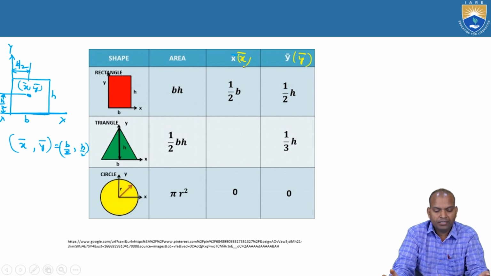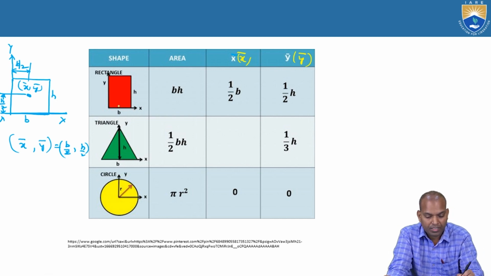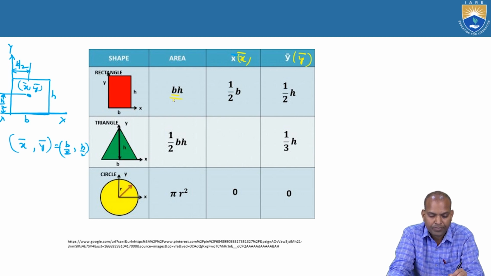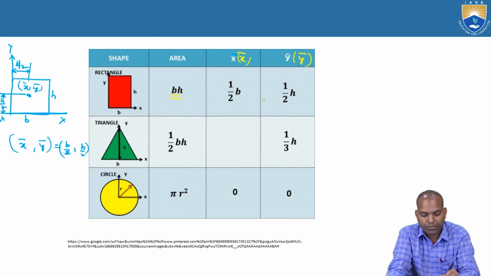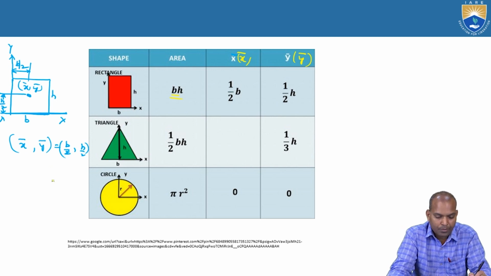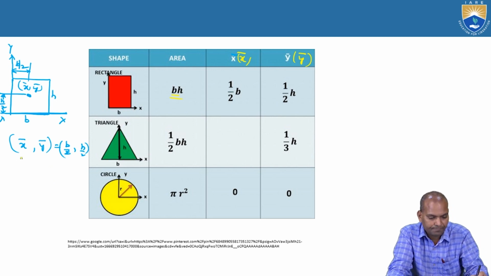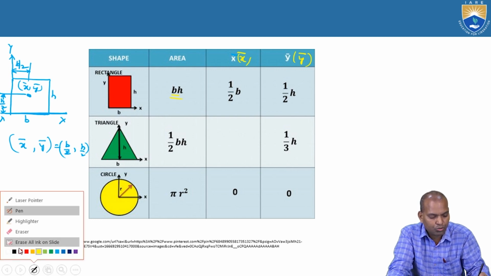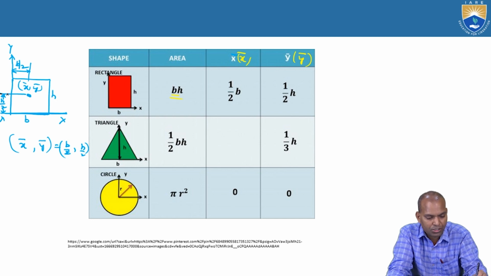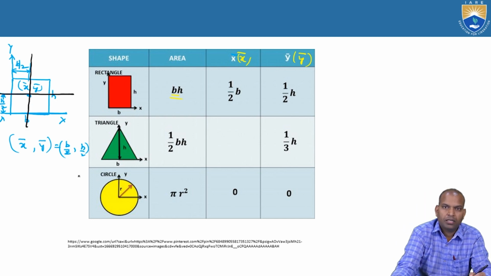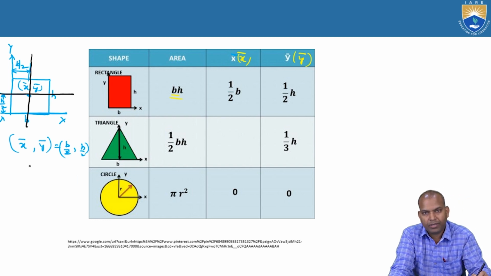So, for the shape of a rectangle, the area is base into height, and bar X is B by 2 and bar Y is H by 2. Very important here: both X and Y axes are passing through the centroidal point. Now, what are bar X and bar Y?